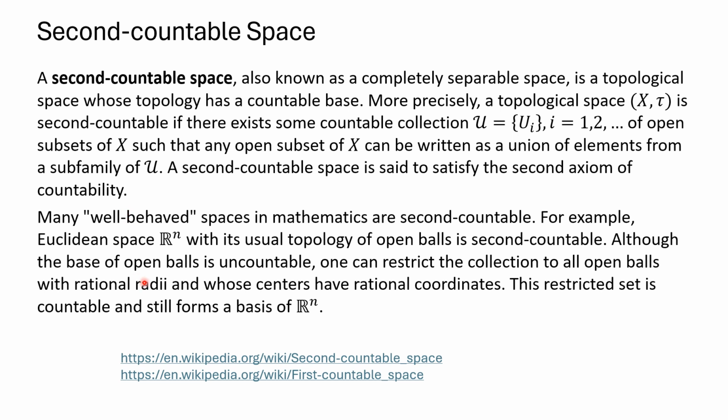I've given a reference down here if you want a little more information on second countable. There's a Wikipedia article you can look up. I put the link down here, but if you just search for second countable space, you'll probably see the Wikipedia article come up first.